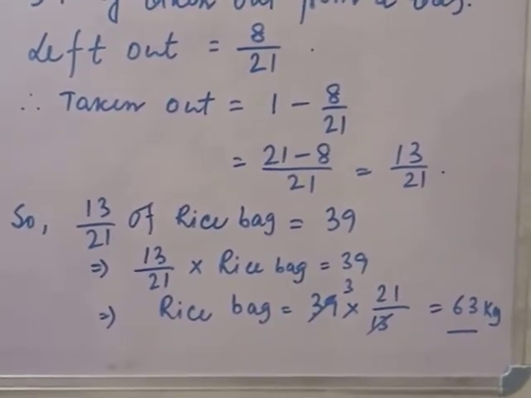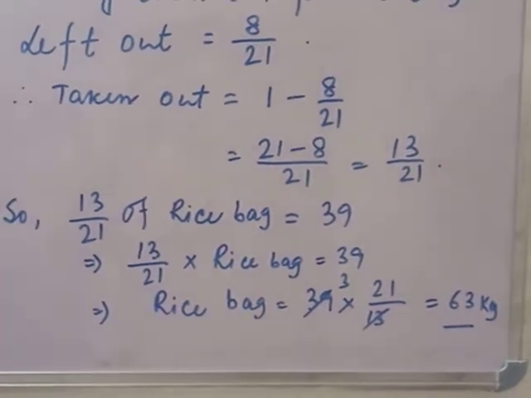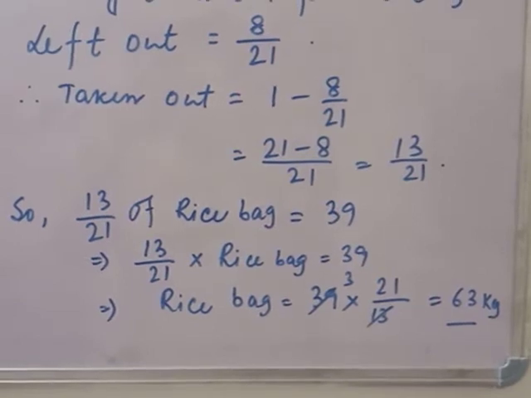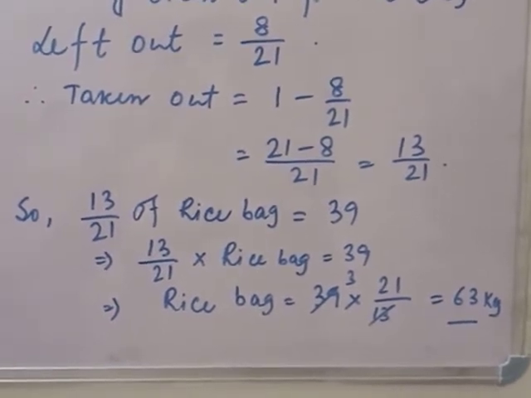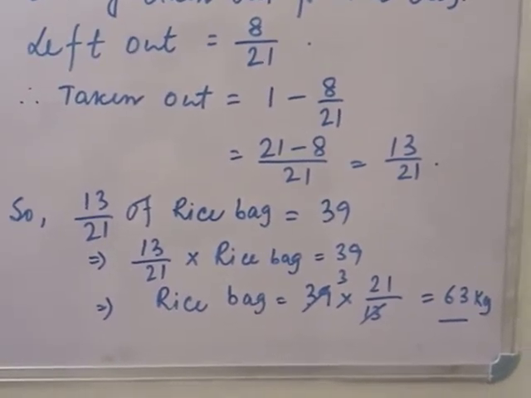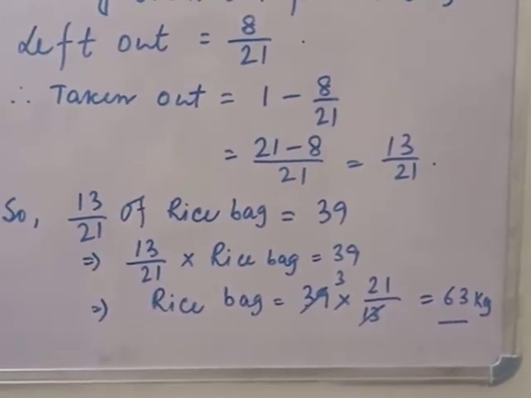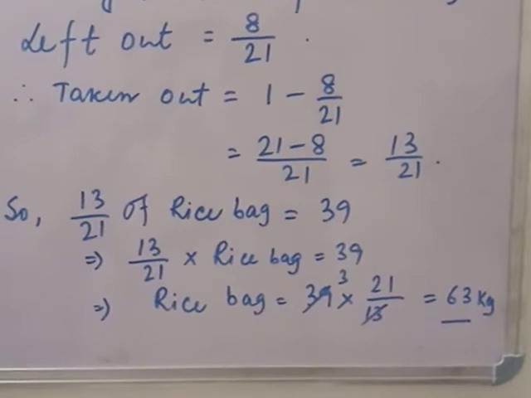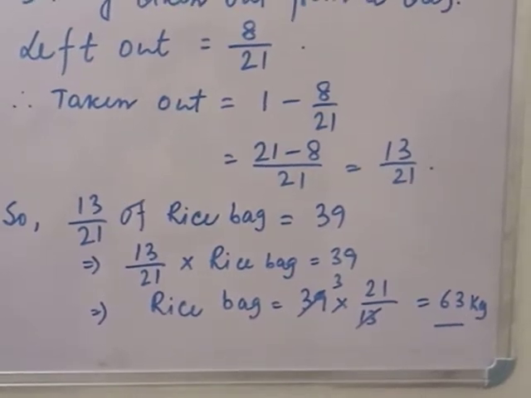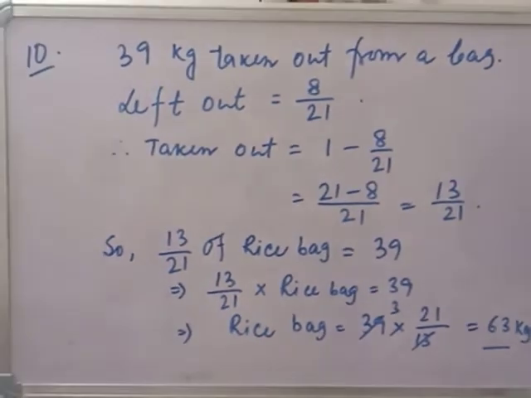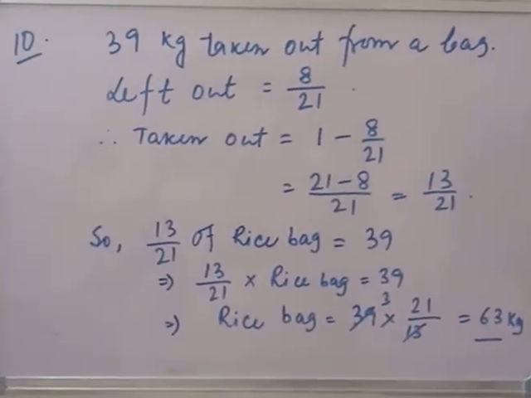So the weight of the rice bag equals 39 into 21 by 13. If we cancel out 13 and 39, this is 3. So if we multiply the numerator, we get 63 kg. Number 10. Okay.